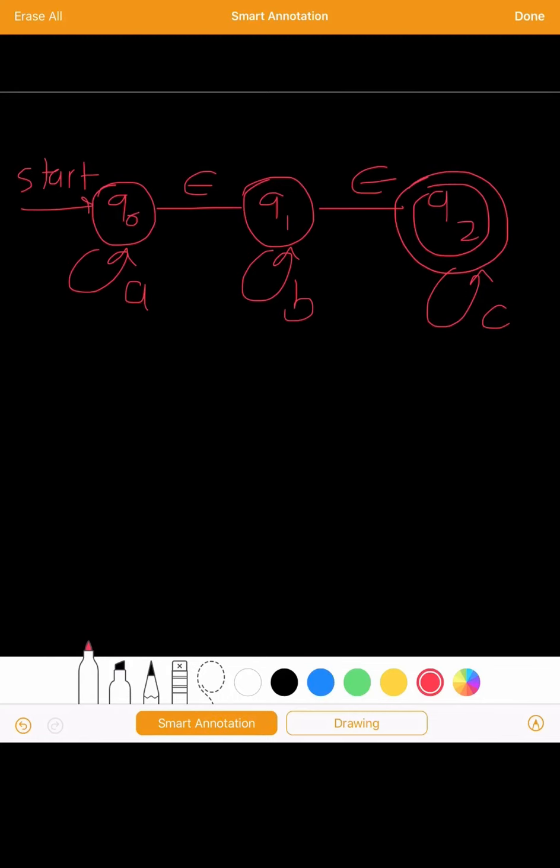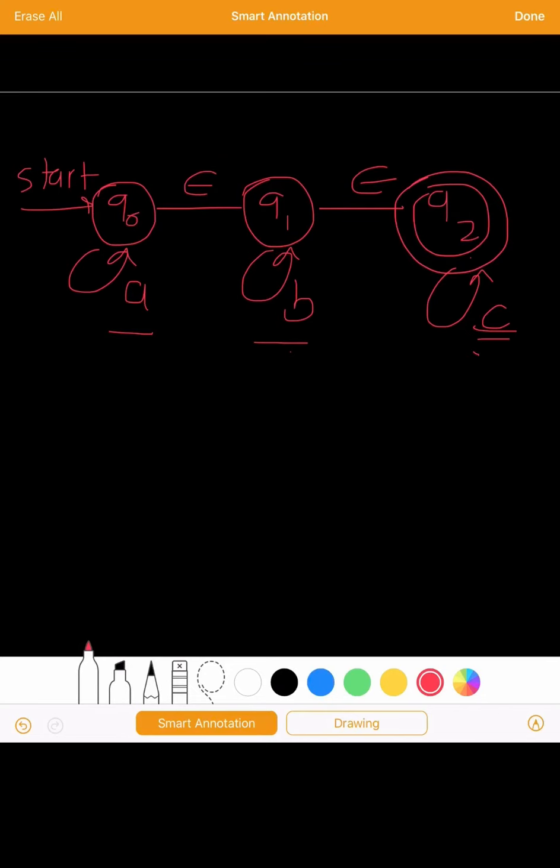Here you can say that at Q0 there may be 0 or more occurrences of A's, at Q1 there may be 0 or more occurrences of B's, and at Q2 there may be 0 or more occurrences of C's. So in this case, if our string may not contain A's, then our string would start with B's, right. And if also our string would not contain B's, then it would start with a C, right. So that's why we are carrying epsilon here.